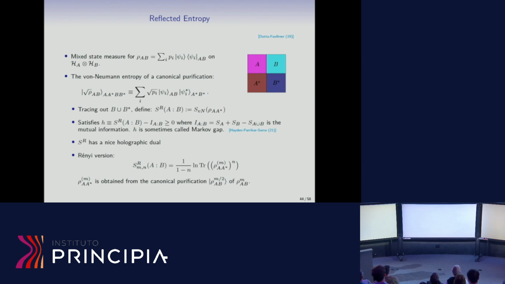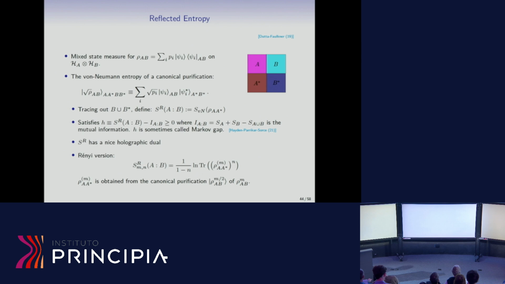One may wonder, is there any interesting quantum correlation or entanglement in this mixed state? This reflected entropy measures these correlations in the mixed state, and it's defined through the canonical purification.